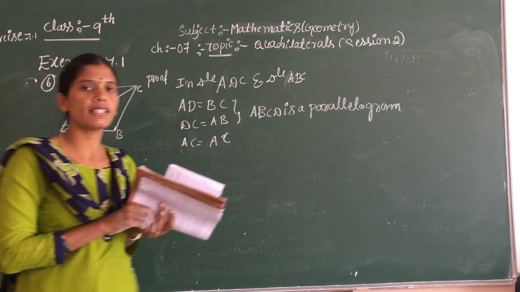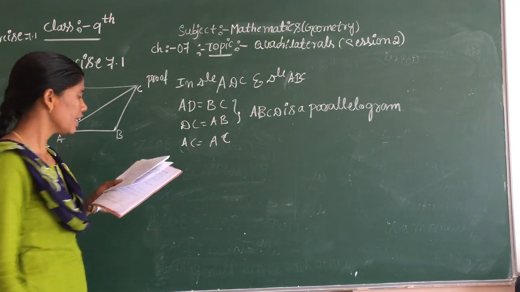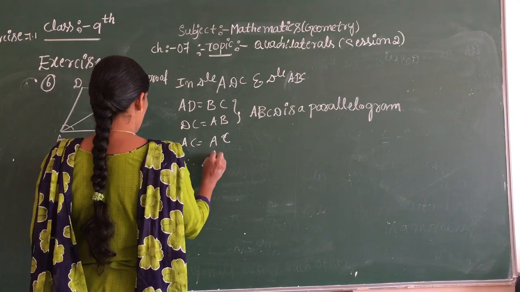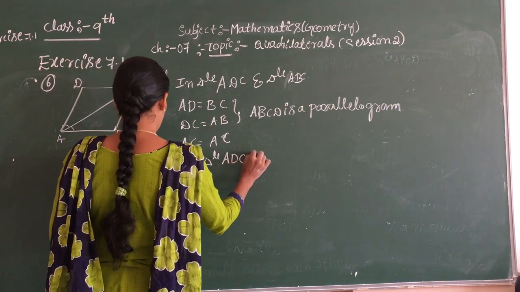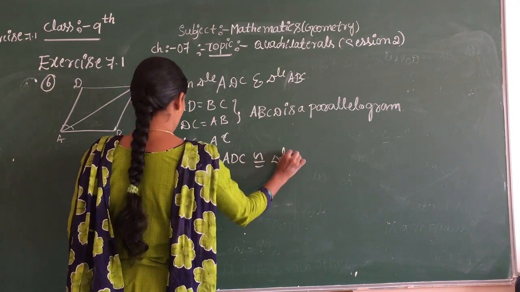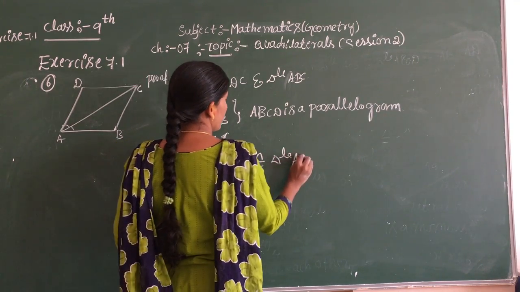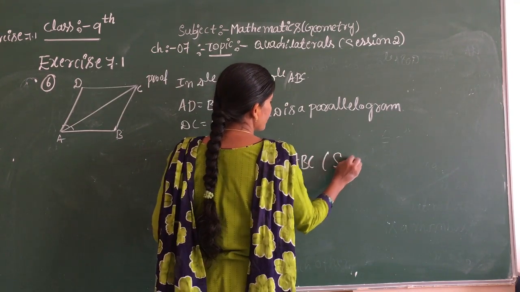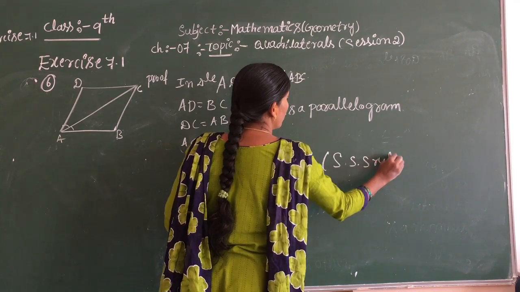Okay, children, ABCD is a parallelogram. In triangle ADC, congruent to triangle ABC, according to the SSS rule.